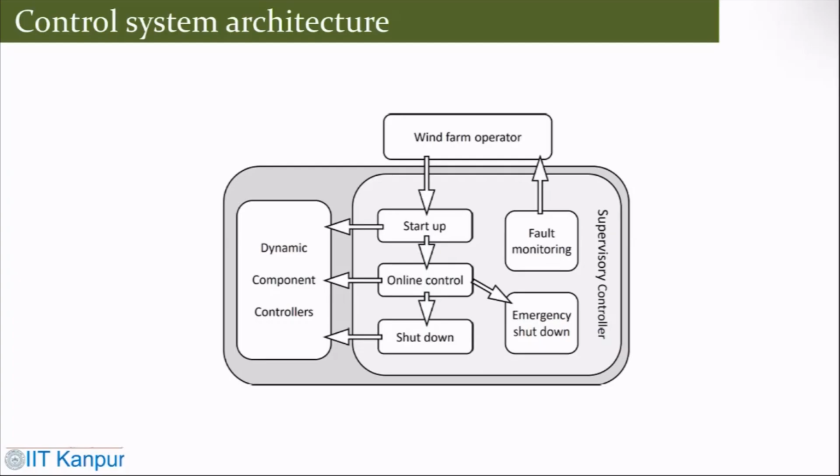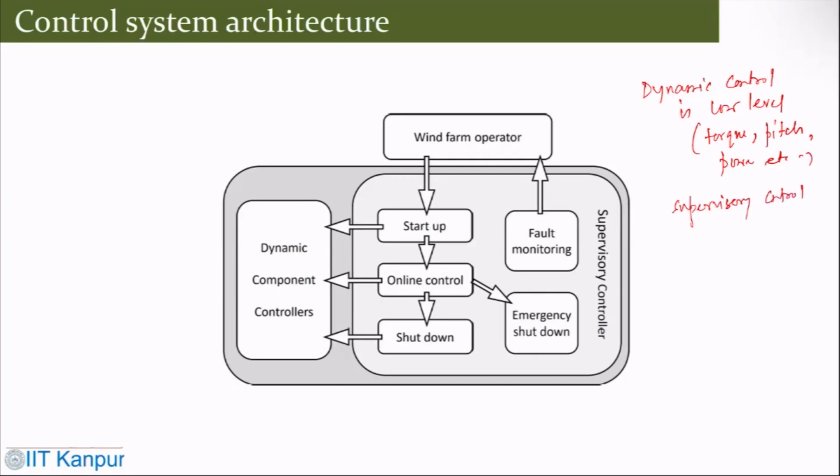Usually supervisory control is on high level for turbine operating status, and dynamic control is on low level, for example torque, pitch, power, etc.